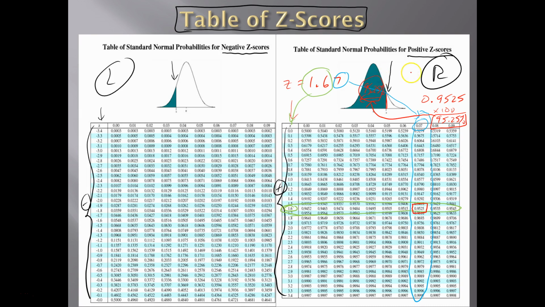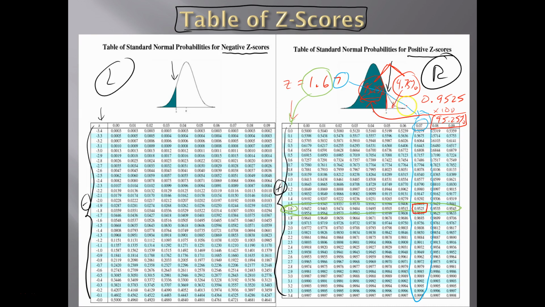Well, if 95.25% is to the left, that means this little unshaded section must be the other 4.75%. Because they have to add up to 100, right? I got 95.25 and 4.75. Those add up to 100%. So 95.25 is to the left of my z-score, in other words, to the left of my data value. And to the left means less than. So 95.25% are less than that data value.